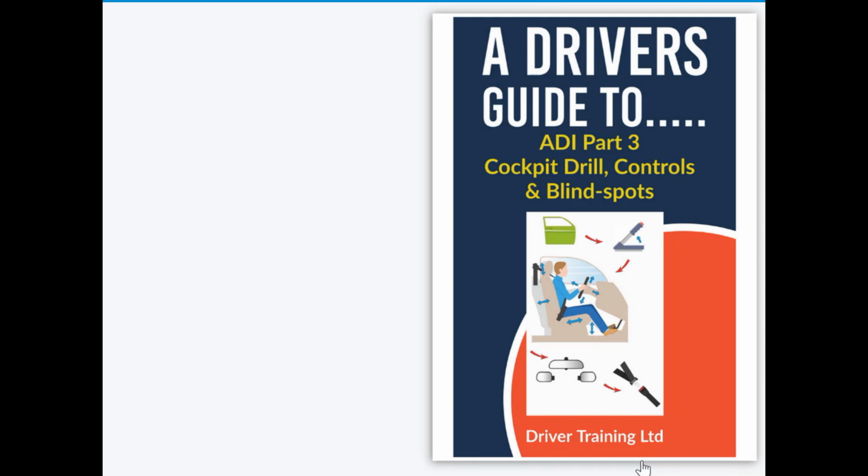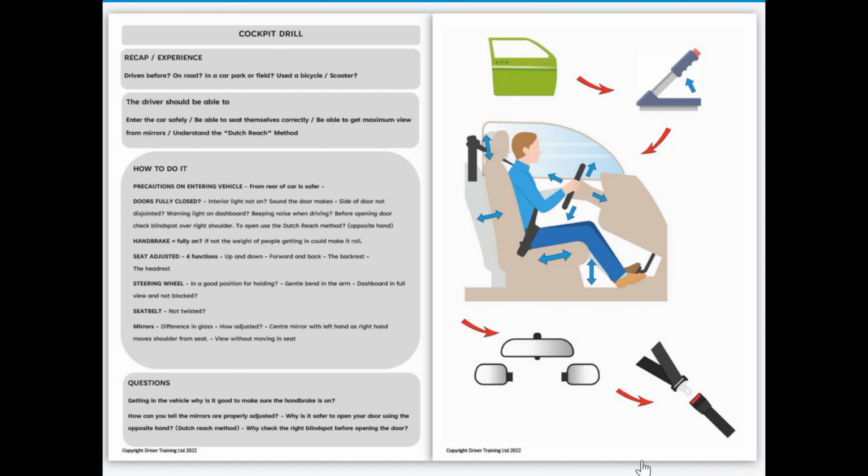So now that we've set the foundation for our lesson and we understand what needs doing, what we're going to do then is look at the briefing for the cockpit drill and controls. So when we open our briefing folder, we can see that on the left-hand side, that gives you the lesson outline, and you need to use this every time you do a lesson.